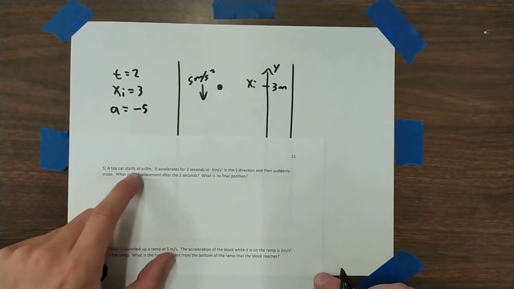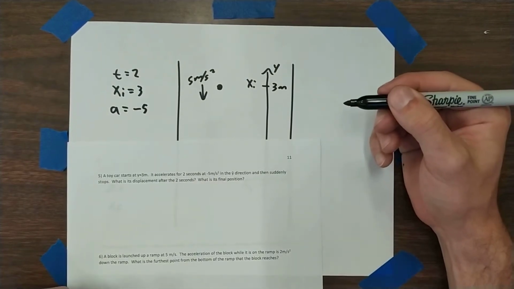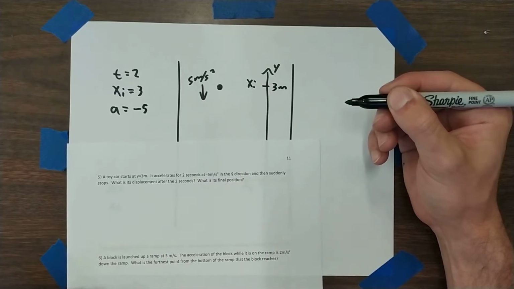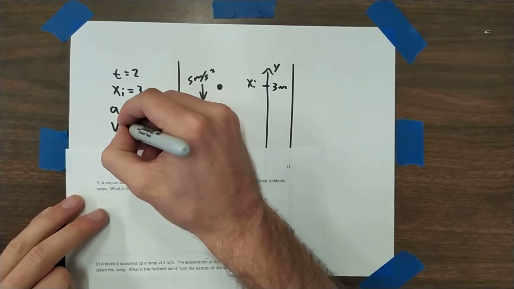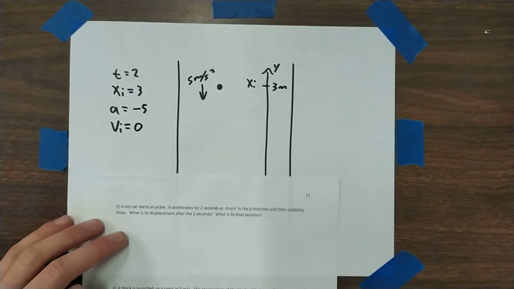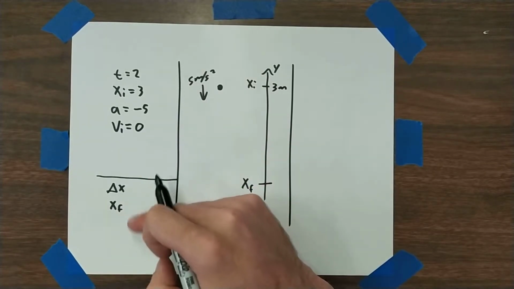It says it starts at y equals 3 meters. It doesn't give an initial velocity, so we can just assume that it's starting from rest. It's just starting at a standstill, and then it's going to start accelerating. So I can say that my initial velocity is 0, because it's not moving at the beginning. All right, so that's what I know. That's what I need to find.